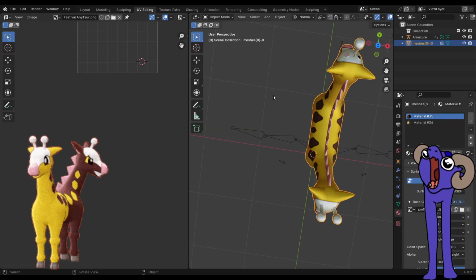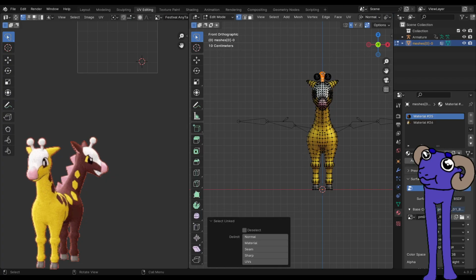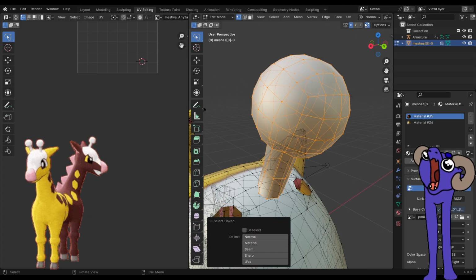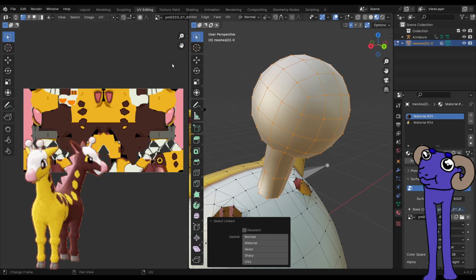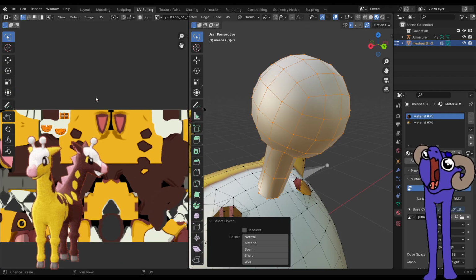And we also need to go to the UV editor, because this is going to be wrong. Because I need this to be mirrored.